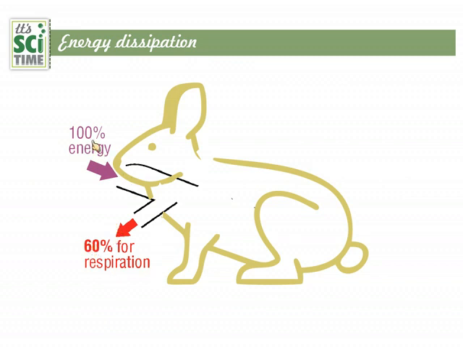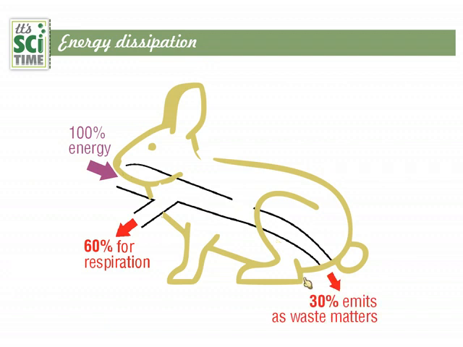Now 100 came, 60 used up, another 40 remain. Out of that 40, around 30 is emitted as waste matter. Sometimes without absorbing, or sometimes during the metabolic process, some amount of energy is wasted out as waste matter. Now 30 plus 60, 90% has already been used or wasted. Only 10% remains. That 10% is the value stored in its body.